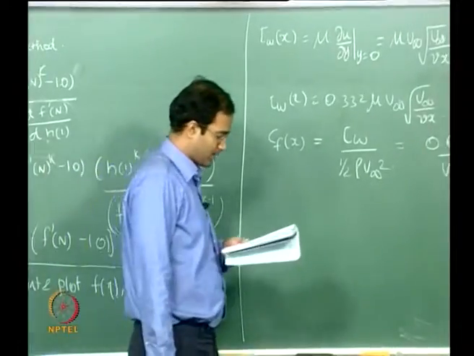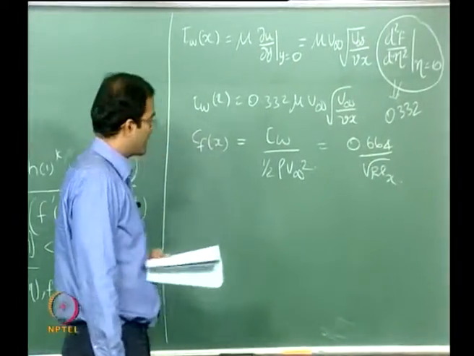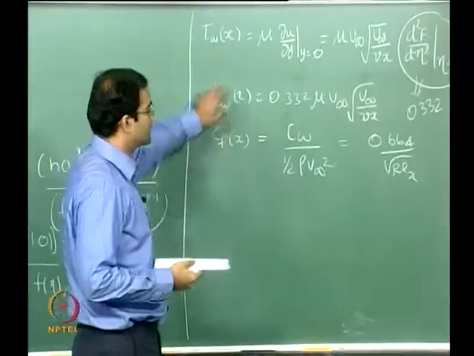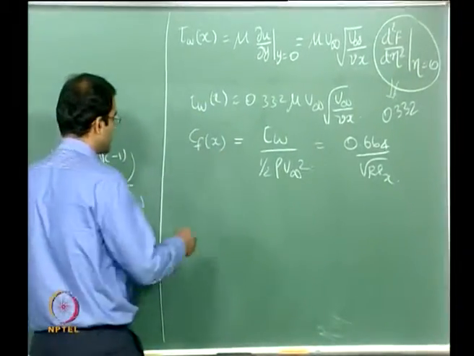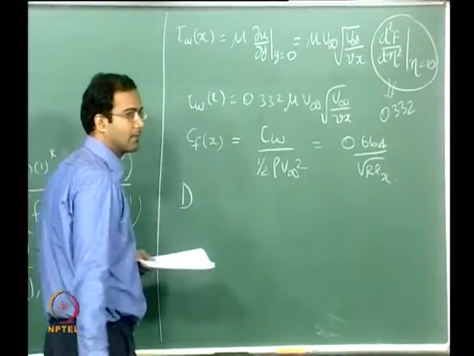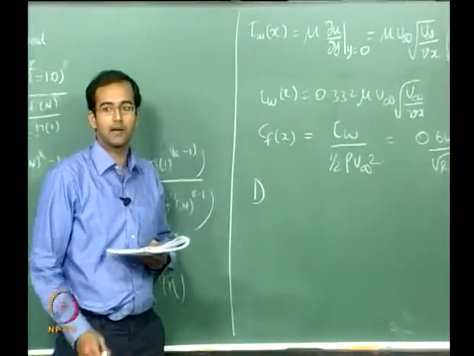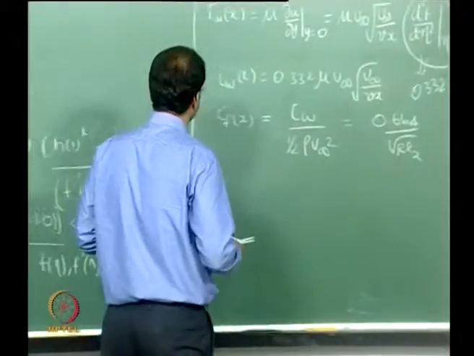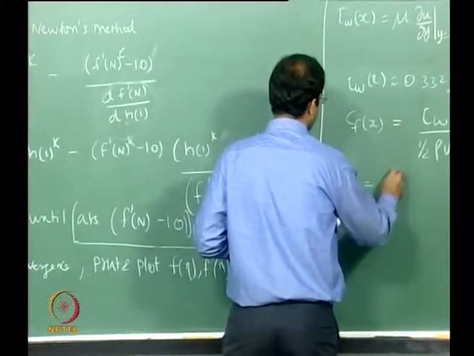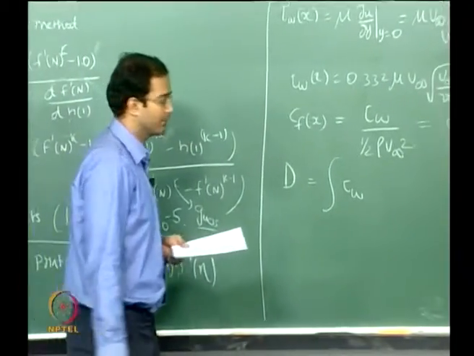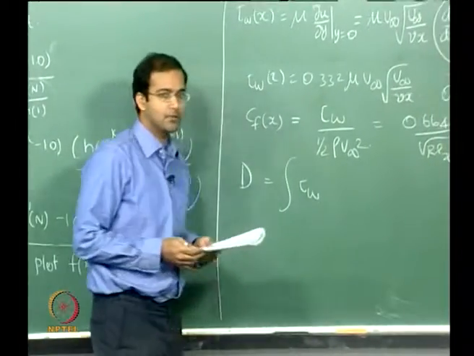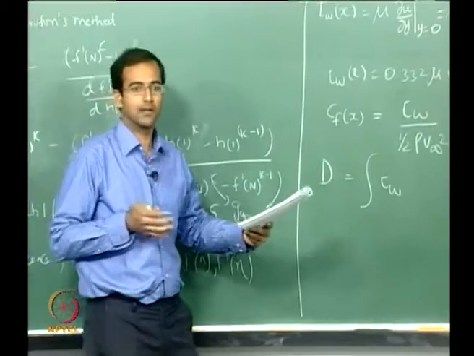Okay, and you can also now go ahead and calculate the drag force. Once you know the local shear stress, you can calculate the drag force, which is the total force acting on the plate. So how do we calculate the drag force? You are right, you have to integrate it locally over the surface area. Here of course we are assuming unit width in the third direction.